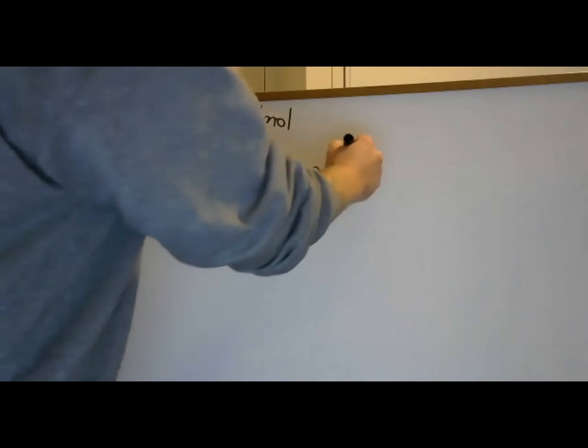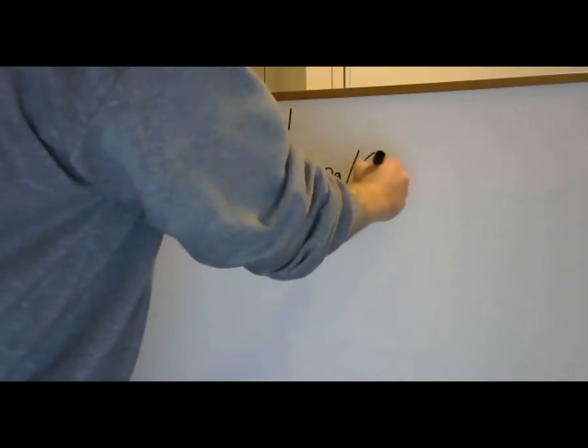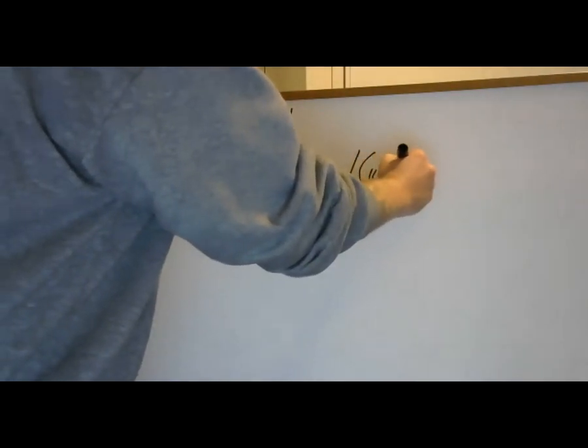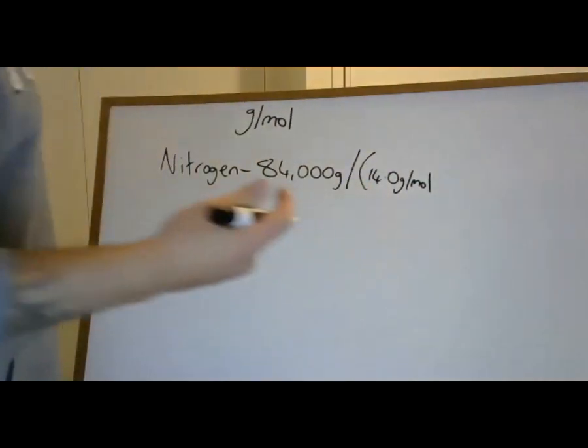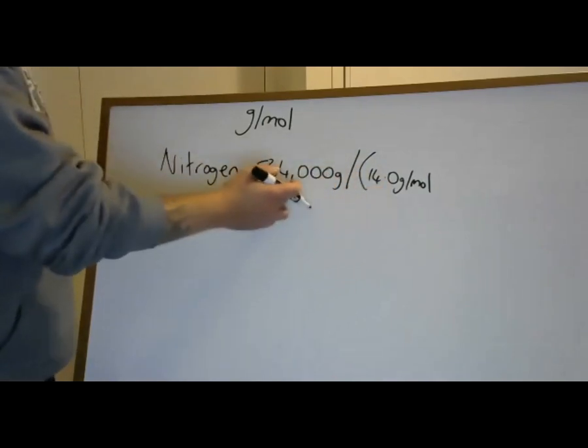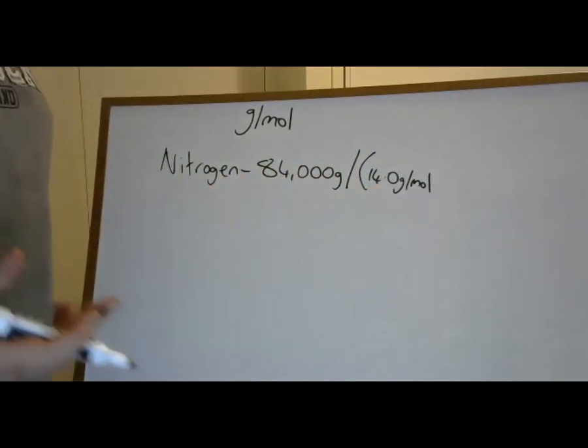And then we divide it, in brackets, by the molar mass of nitrogen, which we found on the periodic table.